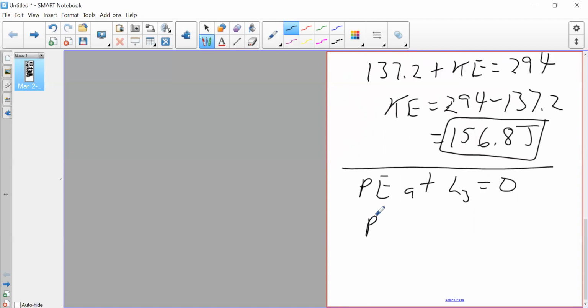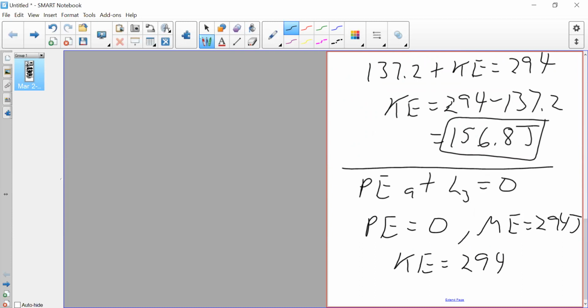So mgh, H3 is 0. 0 times anything is 0. We know that the mechanical energy is 294. Therefore, kinetic energy is 294. 0 plus 294, 294.